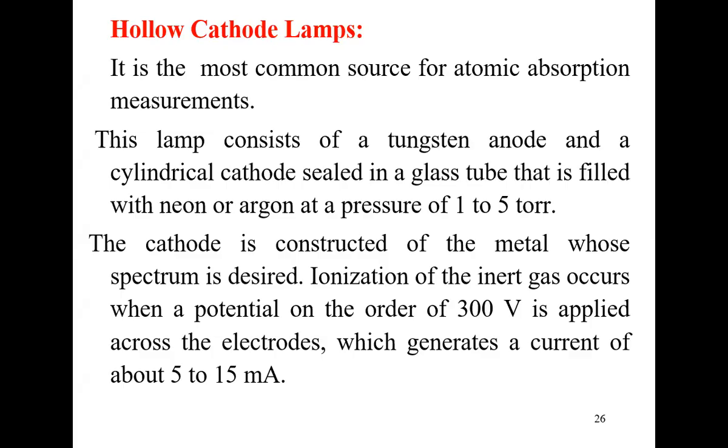You see, the cathode is constructed of the metal whose spectrum is desired. So if it is lead, then the cathode has to be lead metal. Typically, that's what we have been doing, those of you who have done the experiment, those of you who are going to do the experiment today. So the ionization, notice the process through which people thought about this from 1955. Remember, it hasn't changed much.